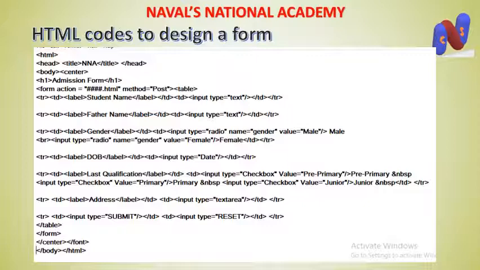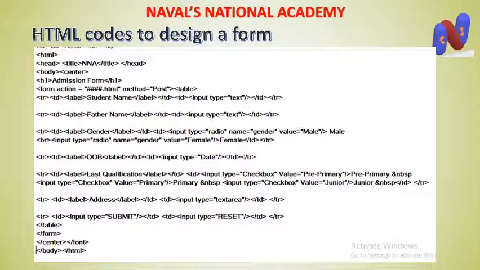Then I have closed the label tag and the td. Again I have opened a td, and there I have inserted input type equal to text, which means it will provide a text box for the user to type the student name. Then I have closed the td and tr.